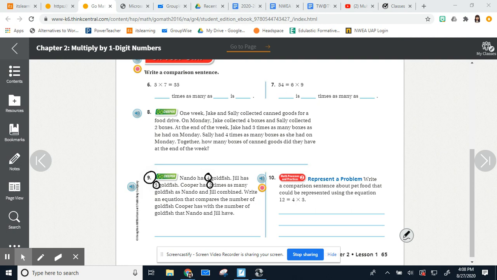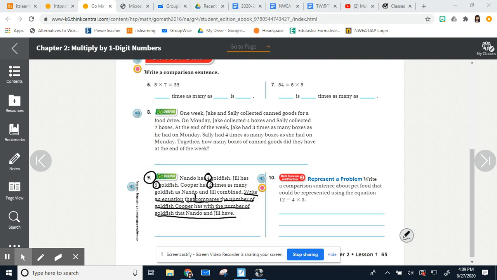Write an equation that compares the number of goldfish Cooper has with the number of goldfish that Nando and Jill have. Okay, so they want us to write an equation, I'm going to underline that compares the number of goldfish Cooper has with the number of goldfish that Nando and Jill have. And now I'm going to box in my keywords.